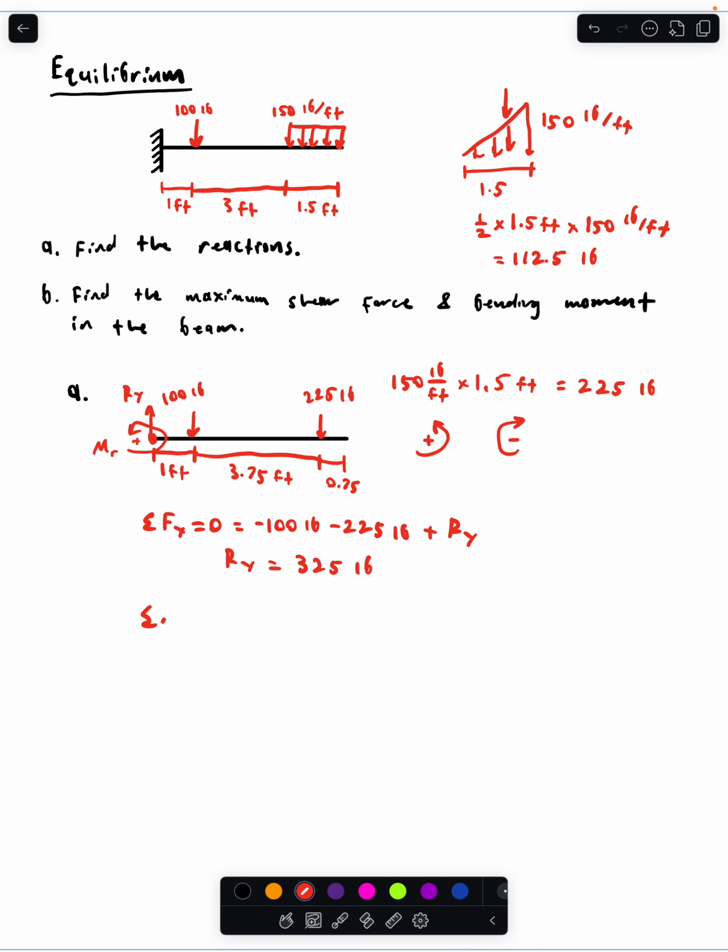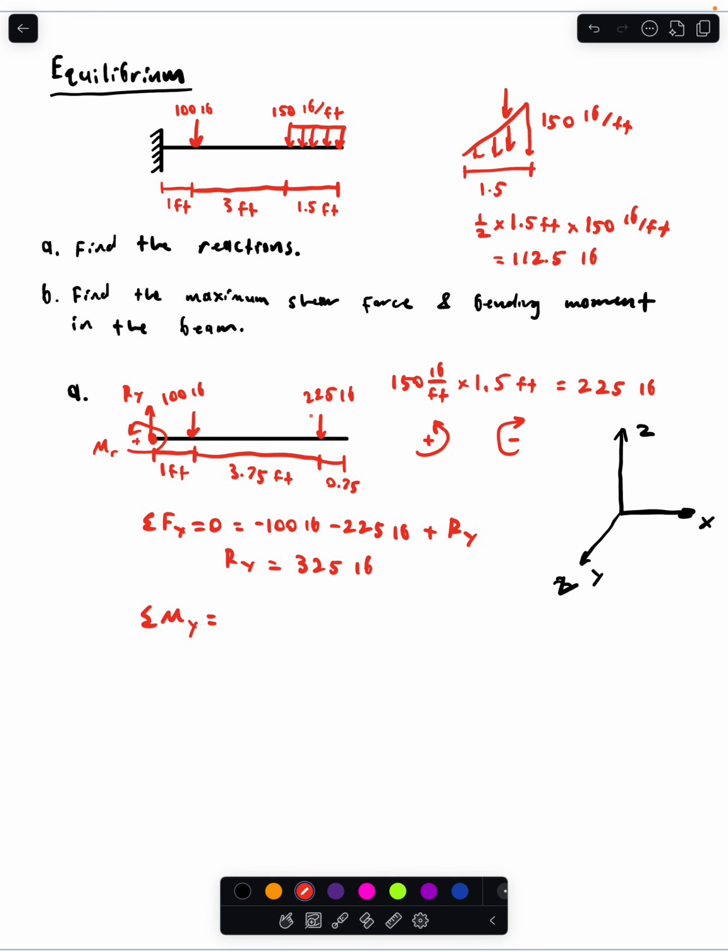And then our sum of the moments has to be 0, and this is going to be about the y-axis, because if you'll remember, in 3D space, you have x, and then y is the one that's coming out of the screen towards you, and z. Since we're looking into the screen, it's going to be about the y-axis.